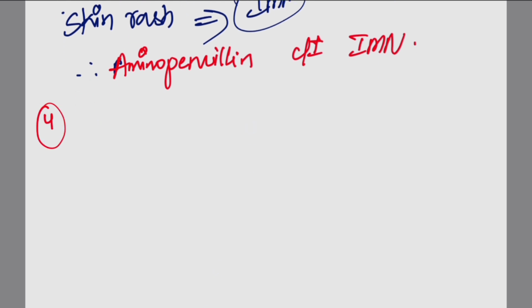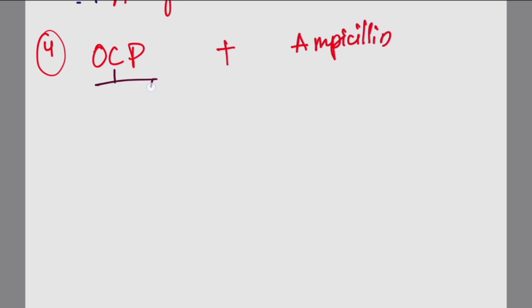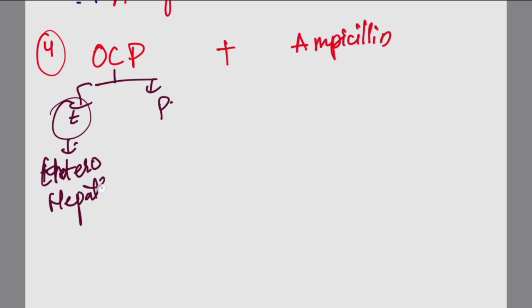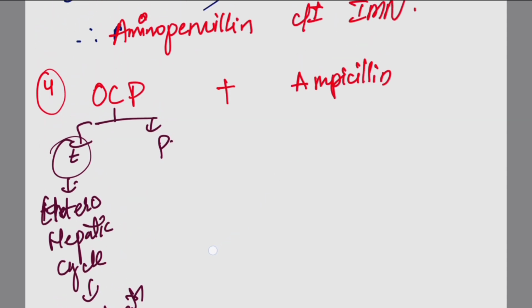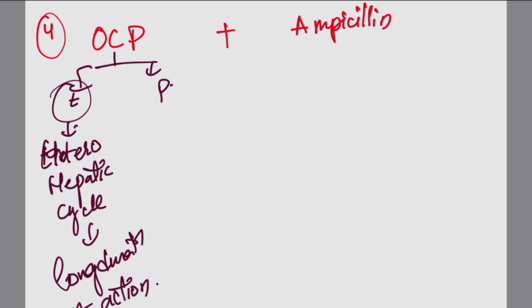Next, fourth one, OCP with ampicillin. Ampicillin has some drug interactions with OCPs. OCP consists of estrogen and progesterone. Estrogen will undergo the enterohepatic cycle, so it will have a long duration of action because it is undergoing enterohepatic circulation.